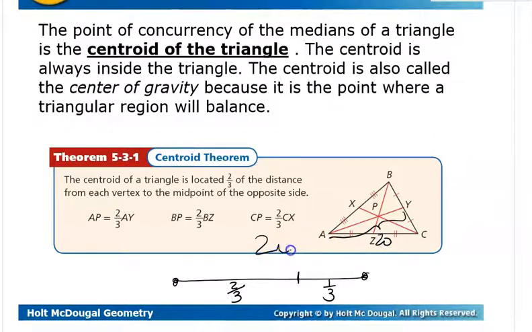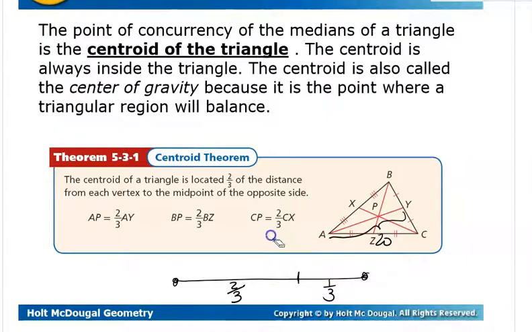Okay, let's say that this whole line was 20. The whole thing is 20, and I want to find, let's say, 1/3 of it. Actually, let's make it a little bit easier. Let's go 21. Well, I can divide this into 3 parts, so that would be 7, and this would be 14. Okay, so let's say this whole thing is 9. This part would be 3, and this would be 6.